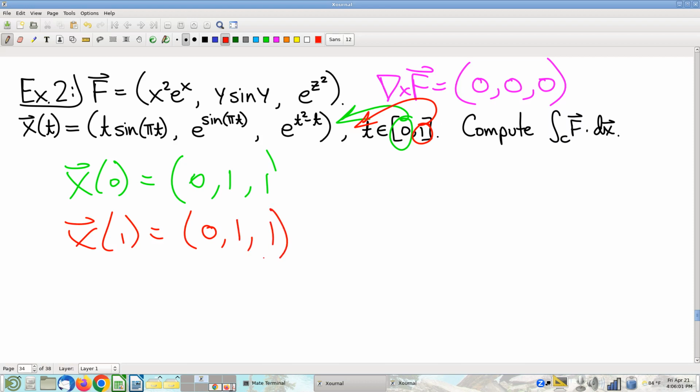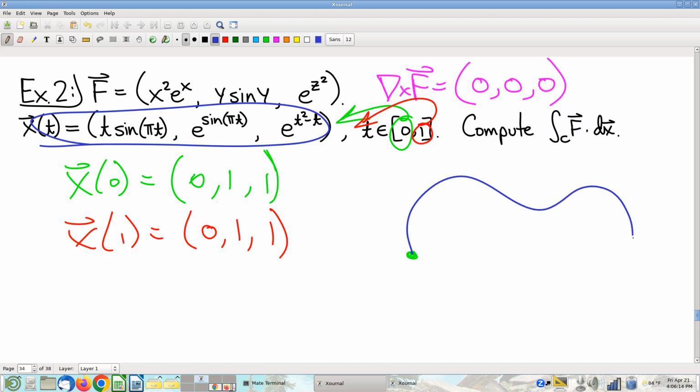How about that? So our two points are the same. This curve starts and ends at the same point. It starts, let's say, there. The curve goes around and does all sorts of weird stuff, and then it ends right back where it started.